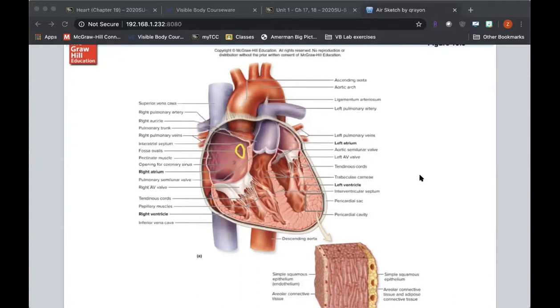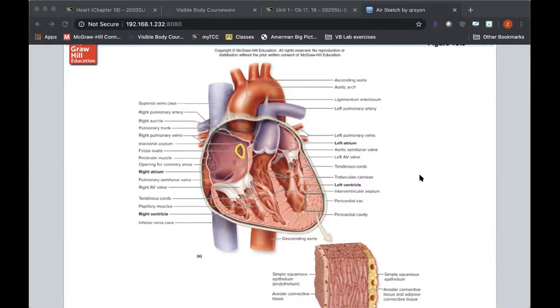What else? On this view, we can see that there are some differences between the left and right ventricles. Here you can see that the right ventricle could look like it is bigger, but it really is not. It's just an optical illusion because of how this cut is made.